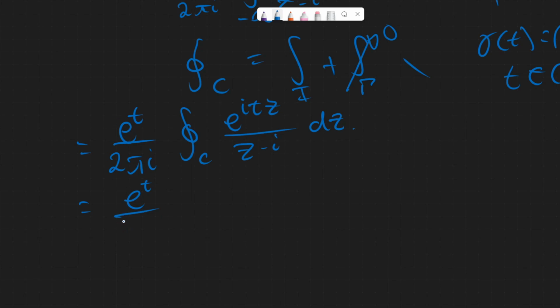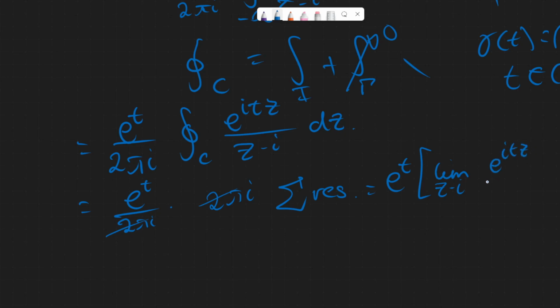We get e to the t over 2 pi i times 2 pi i times the sum of residues. There's only one residue, and it's the residue at z equals i. So this is equal to e to the t, cancelling these two terms, times the limit as z approaches i of e to the itz, and this is quite simple to evaluate.